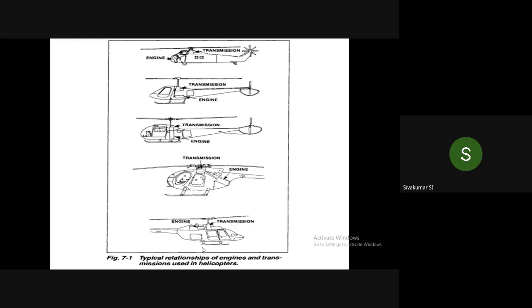Like our Eurocopter, we have the engine position on the top, two vertical engines, and the transmission system is vertical.